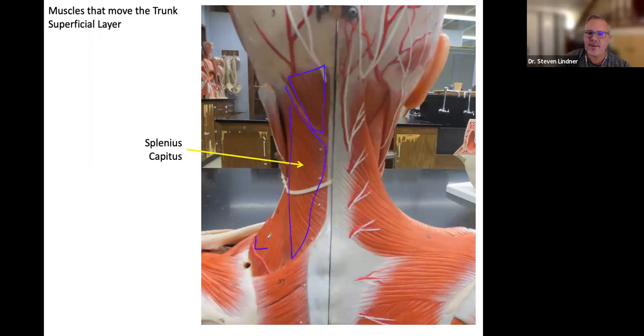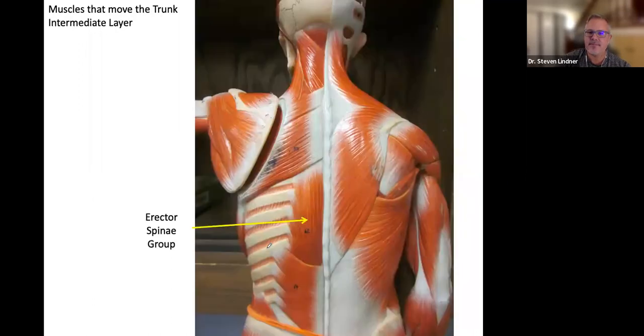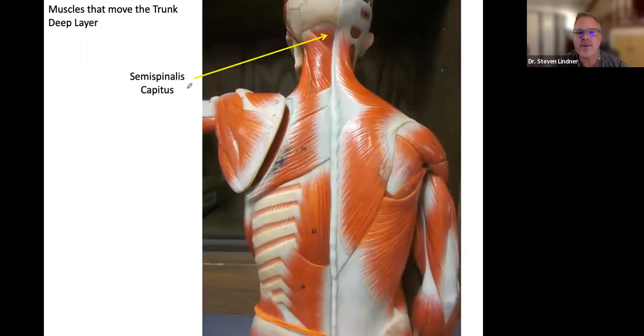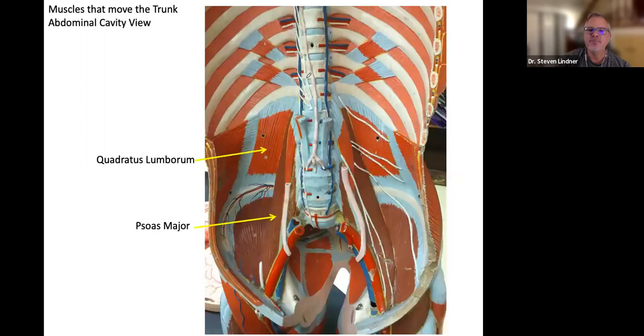There's your levator scapula. There's the Erector Spinae group. Here's your Splenius Capitis, and there's your semispinalis capitis. Remember, capitis just means capital, or skull, for up here. There's your semispinalis capitis again. Hopefully the repetition is helpful.